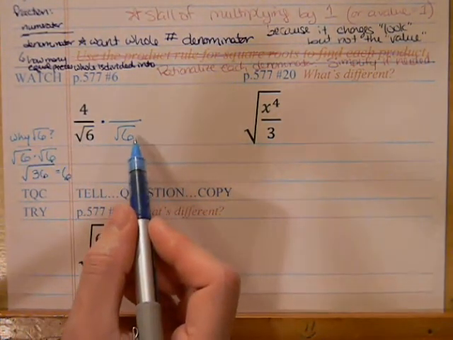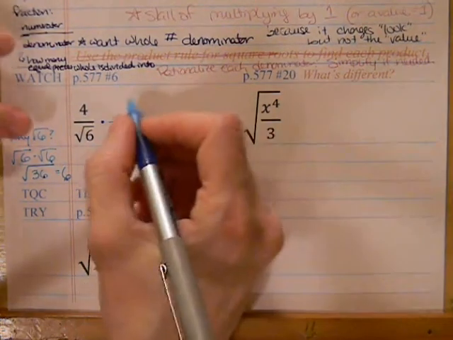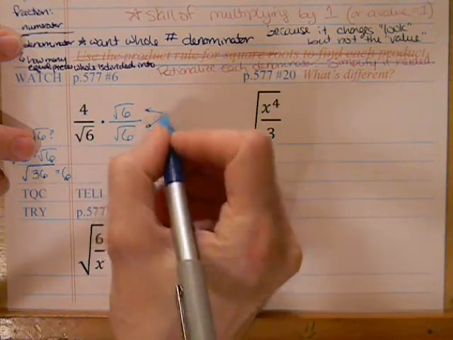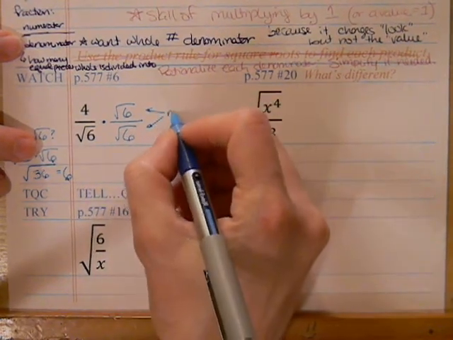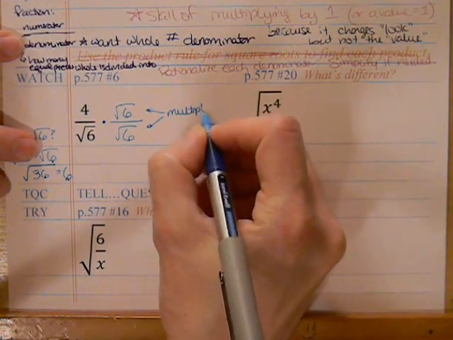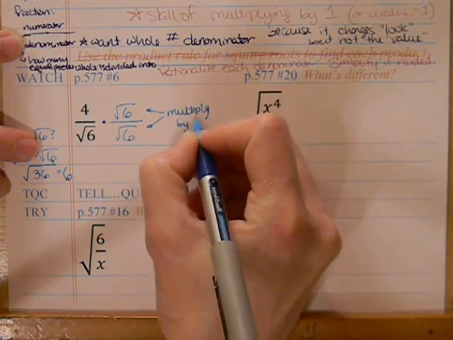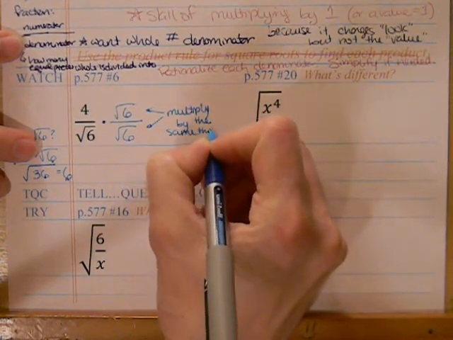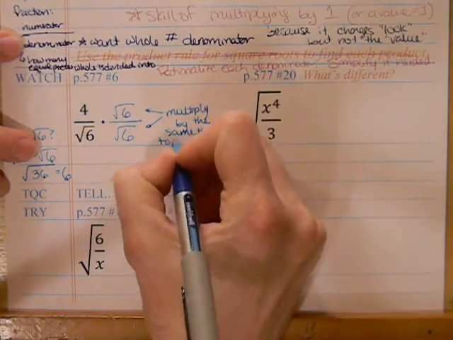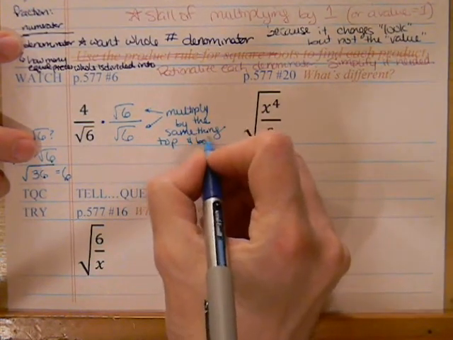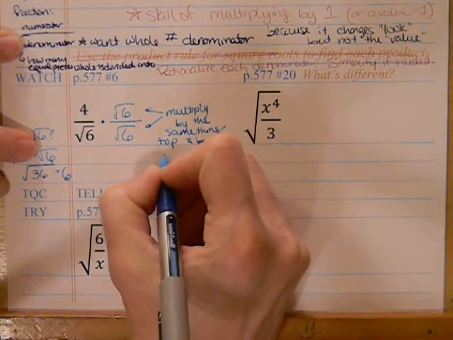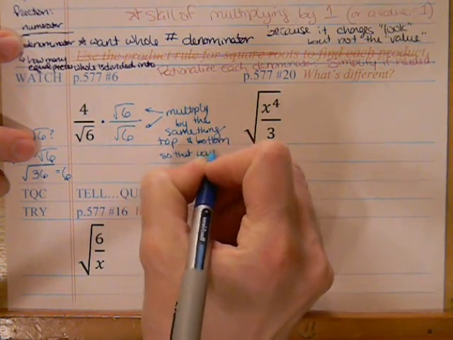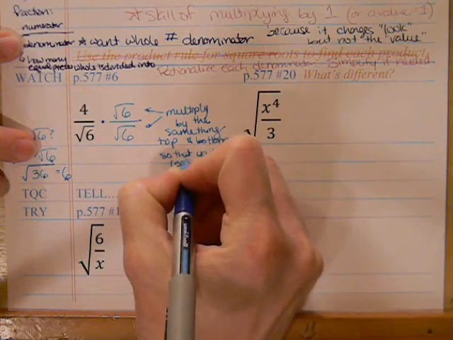Now, we can't just multiply the bottom, though. So we multiply the top by radical 6 as well. So multiply by the same thing, top and bottom, so that you're really just multiplying by 1.